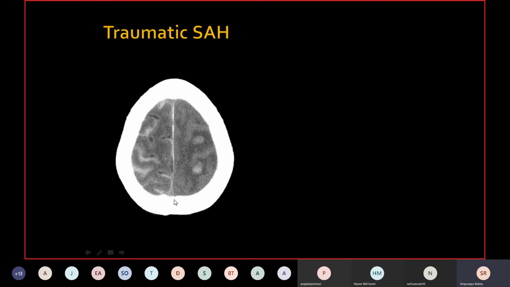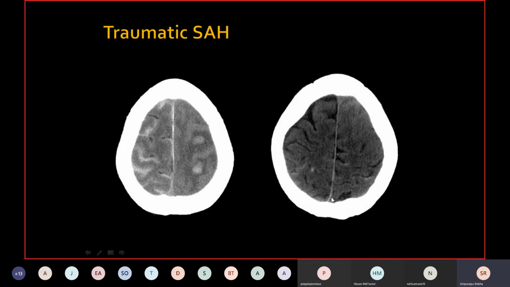It is quite easy to call subarachnoid hemorrhage when we see high density, which is unequivocal like this. But it can be really tricky as time progresses, because at least on imaging, because of the CSF circulation, subarachnoid hemorrhage can disappear really fast.